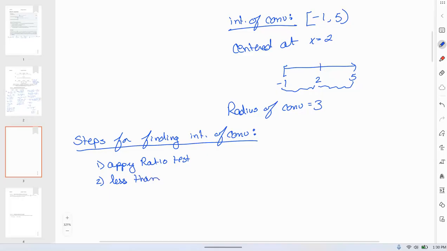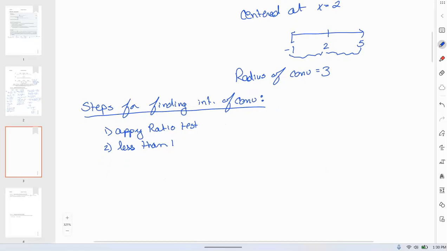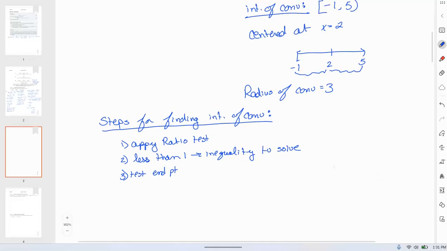Whatever you get when you apply that ratio test has to be less than 1. So then that gives you an inequality to solve. And then after you solve that inequality, you have to test each endpoint. Okay, that's exactly what we had in example 3.